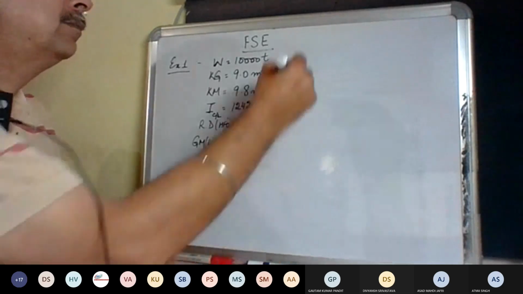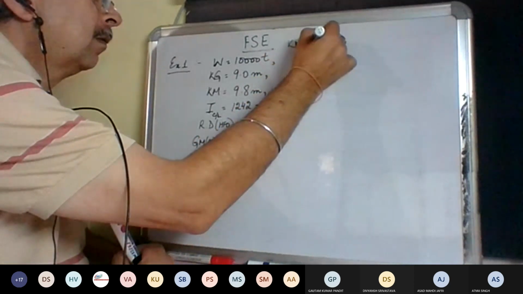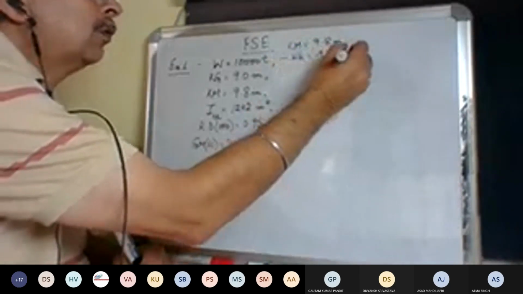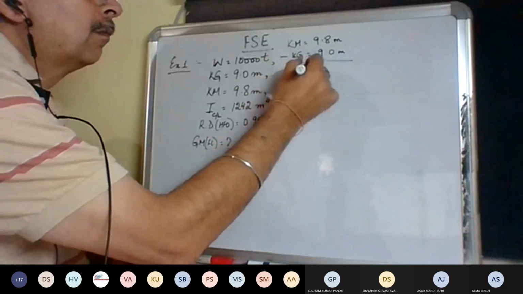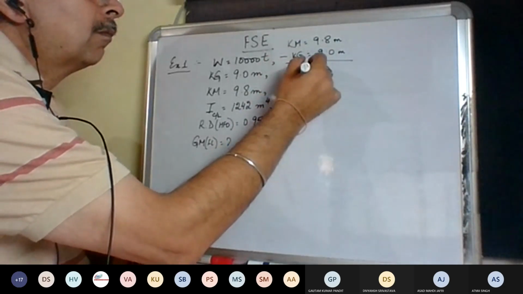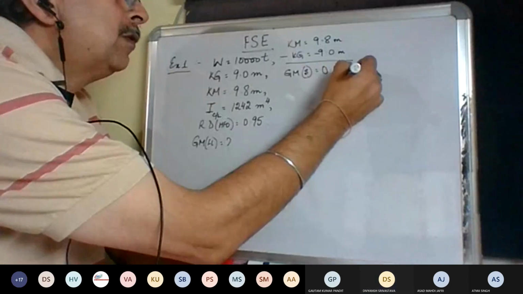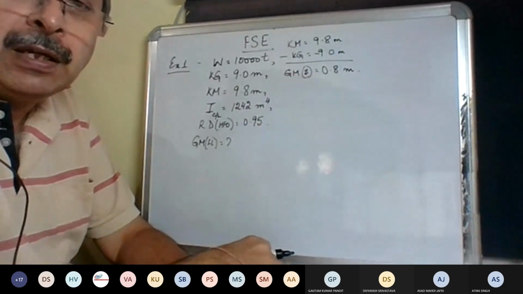So KM minus KG will give you what? GM solid, sir. The solid GM. Now you have to find out the FSC.